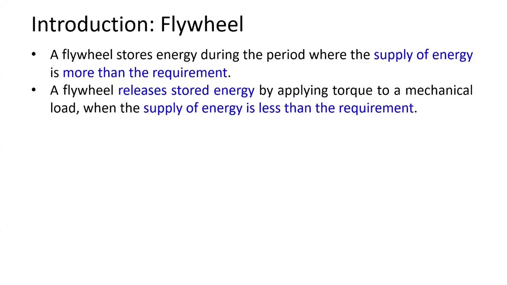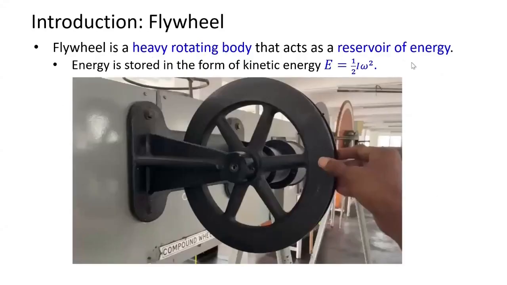So if you look back, the flywheel stores energy in the form of kinetic energy that equals half I omega squared. I is the moment of inertia, which is a geometric parameter. You can't change it. Once you design and make the flywheel, I will be the same.